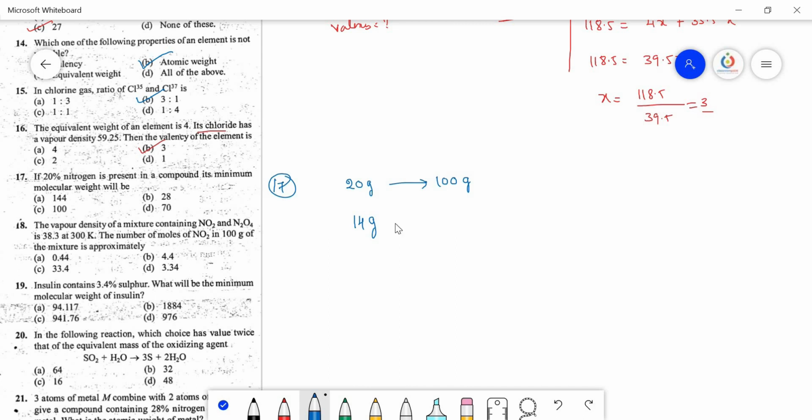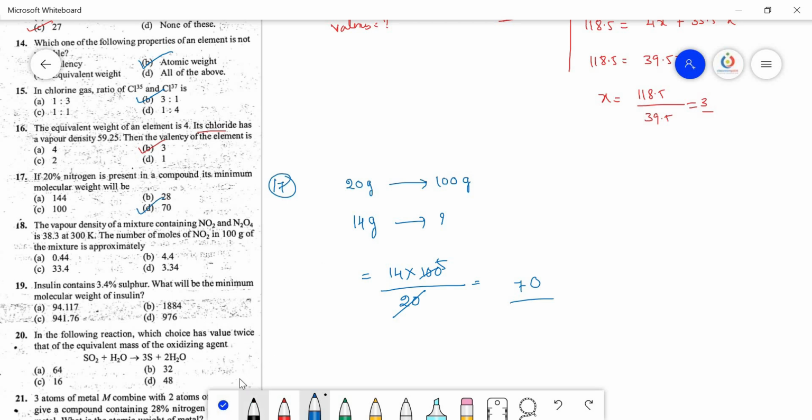Then 14 grams of nitrogen may be present in how many grams of the molecule? Just do the cross multiplication: 14 into 100 divided by 20, it goes almost 5 times, 70. So the minimum molecular mass of the compound is 70.